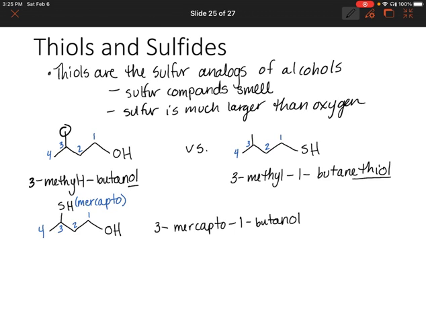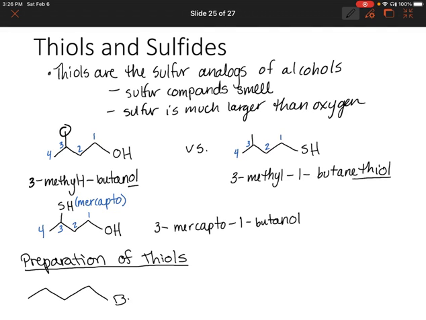Okay, and let's just briefly cover how to prepare a thiol. All right, so we're going to start with an alkyl halide, and then we're going to perform a substitution reaction.